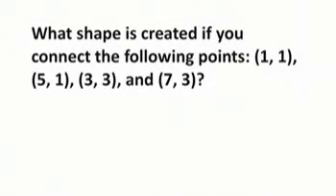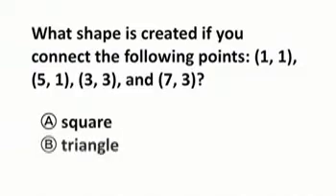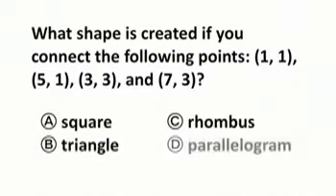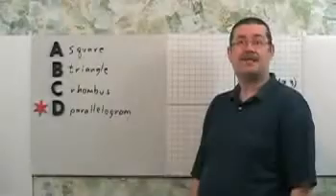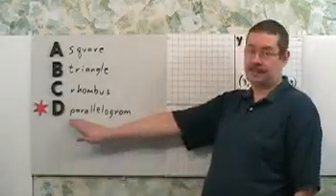What shape is created if you connect the following points? 1, 1, 5, 1, 3, 3, and 7, 3. The answer is going to be D, parallelogram.